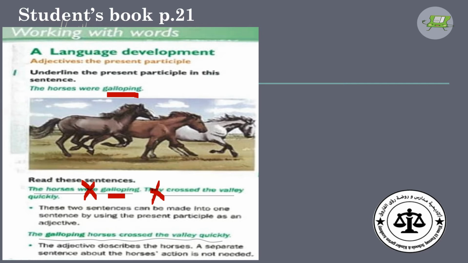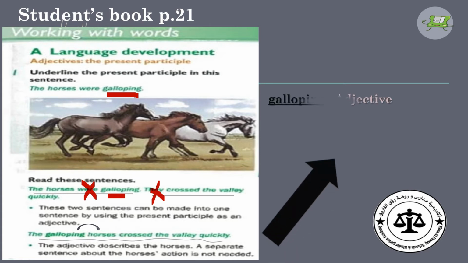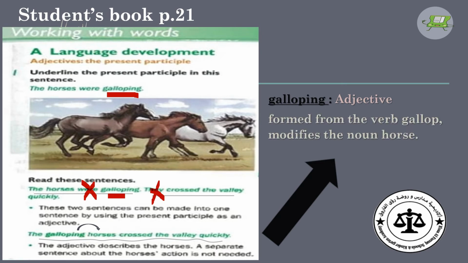And we said here, galloping modifies the noun horses. Galloping is an adjective and it is formed from the verb gallop and it modifies the noun horse.